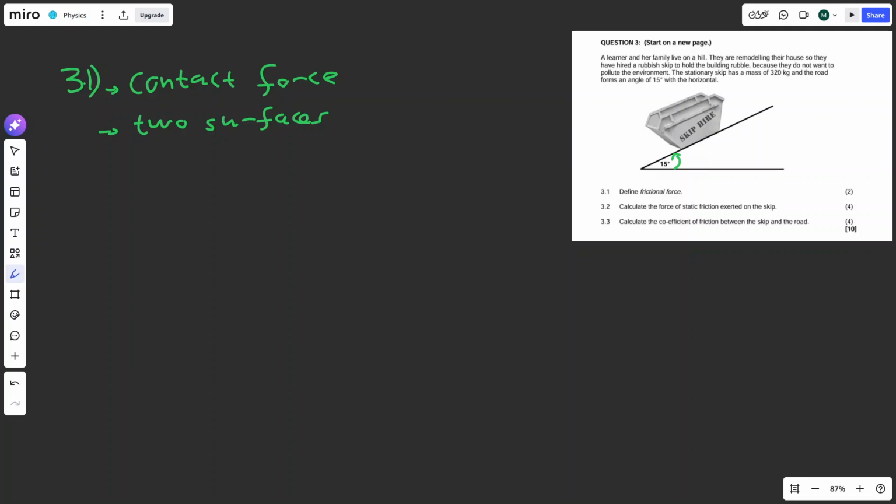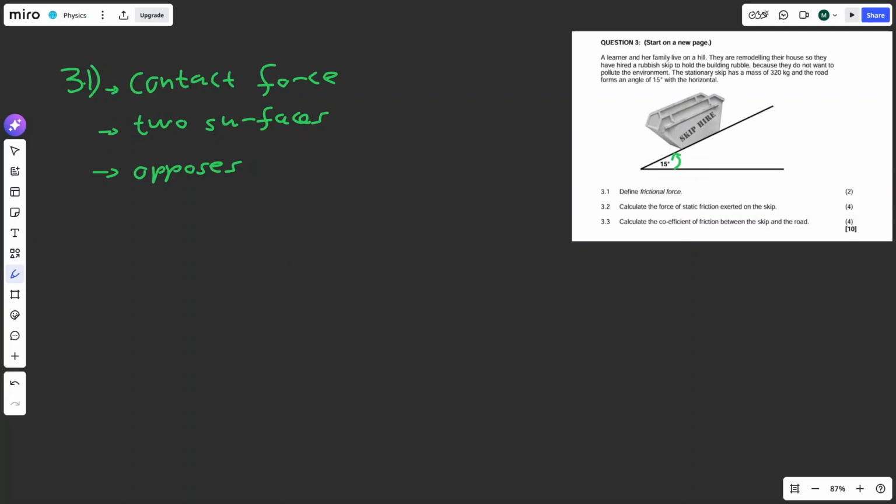So these two surfaces in contact, what happens between the two? There is a frictional force acting between the two, restricting the motion of our object. And that is basically what a frictional force is. It is a force that opposes motion. I'm just putting some main points here, but I'll leave it to you as the viewer to take all of this and construct it as a definition.